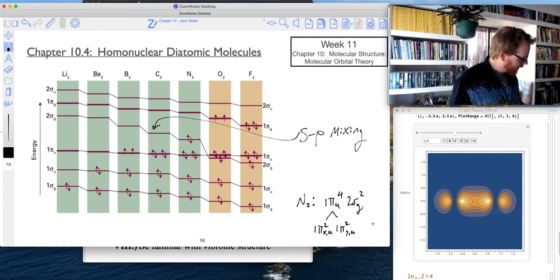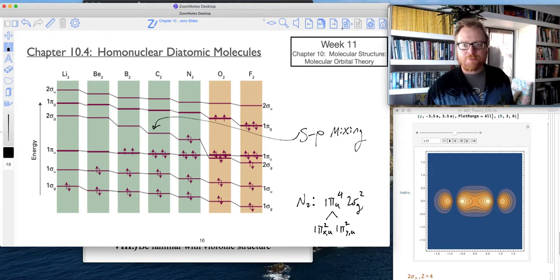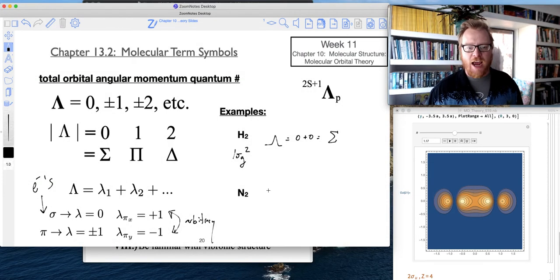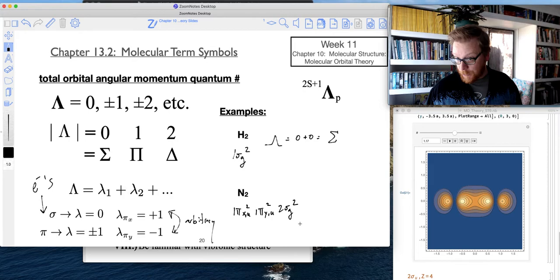So for nitrogen, we know it was 1πxu² 1πyu² 2σg².